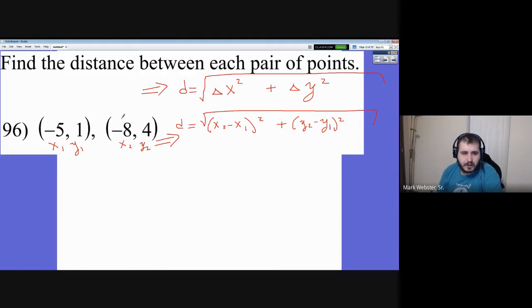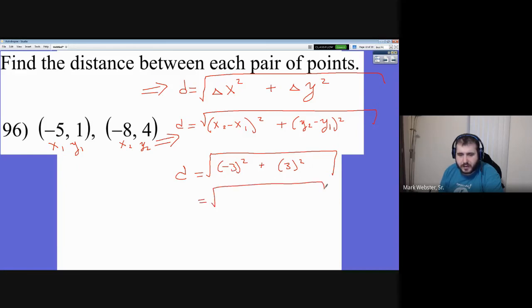Well, I'm going from -5 to -8, right? So I do this. Notice how I always keep my square root. -5 to -8, that's -3. Let's do the y's now. 1 to 4, that's +3. So now I've got -3 squared.